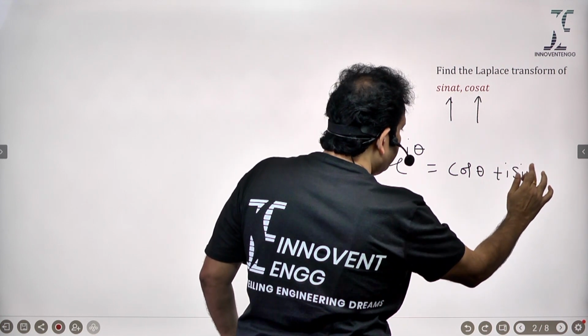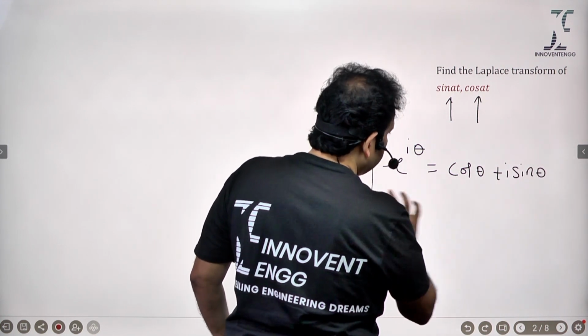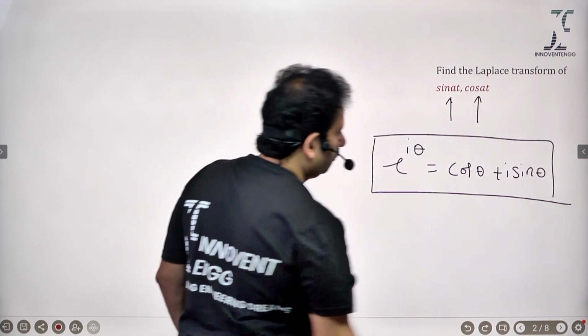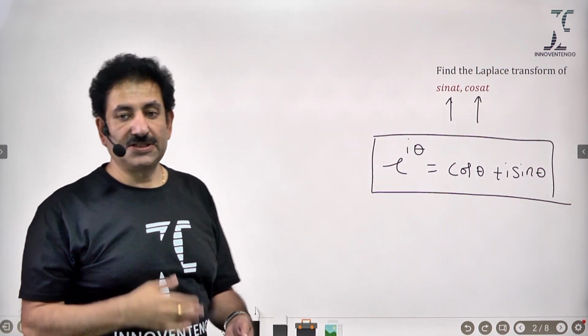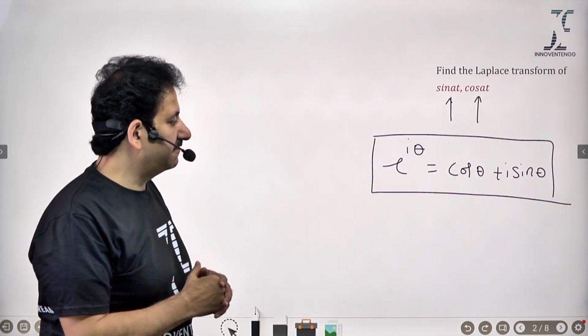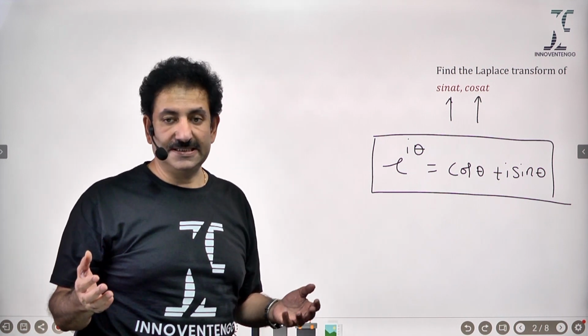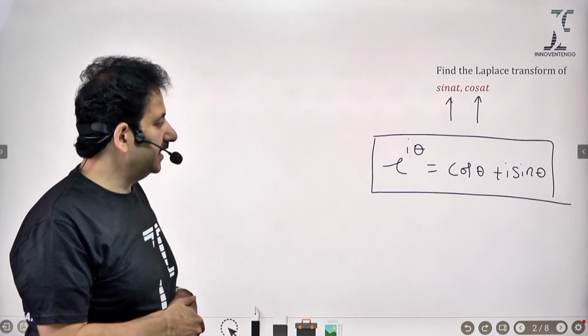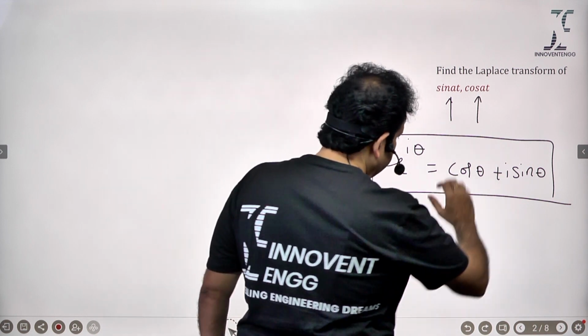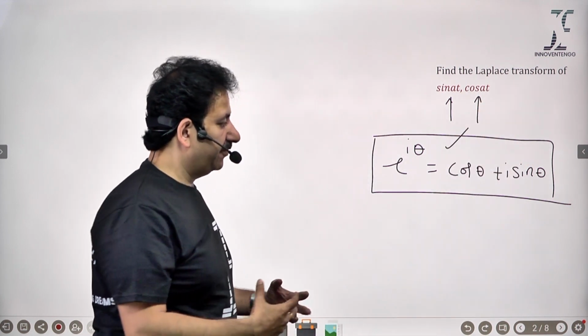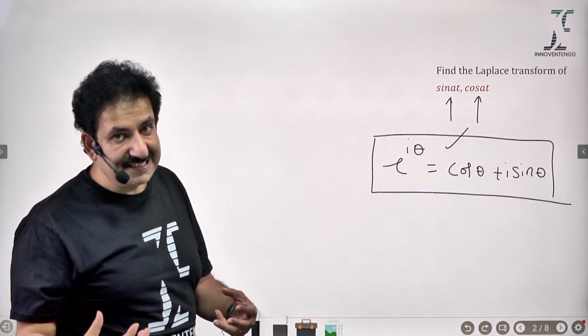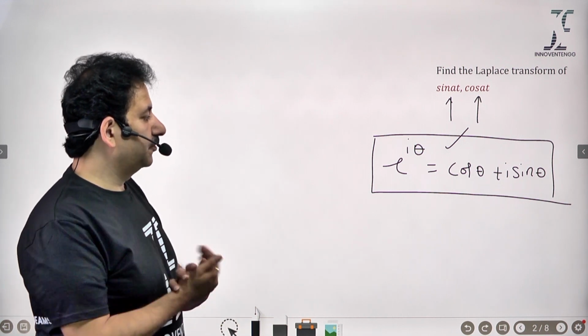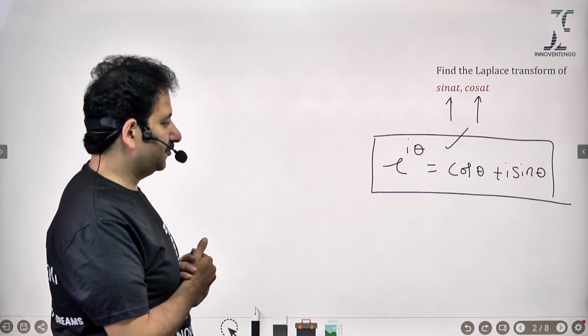Very, very important formula throughout the transform theory, whether you are talking about the Laplace transform, Fourier transform, FFT, or even Fourier series. This is going to be very helpful for you, especially for FFT. The complex number is the one that helps you conceive the idea.